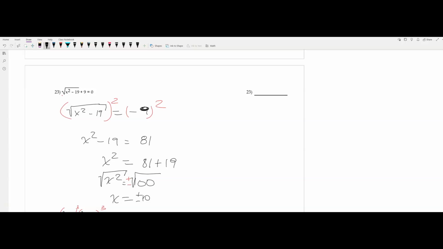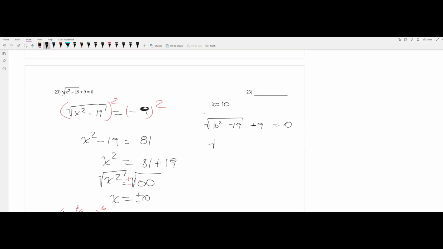So we need to check. Is it possible here? Okay. So I'm going to check 10, right? So x equal to 10. Actually, it doesn't really matter if it's 10 or negative 10, but you'll see. So square root of 10 squared minus 19 plus 9 must be equal to 0. Okay, let's see if it's going to happen.